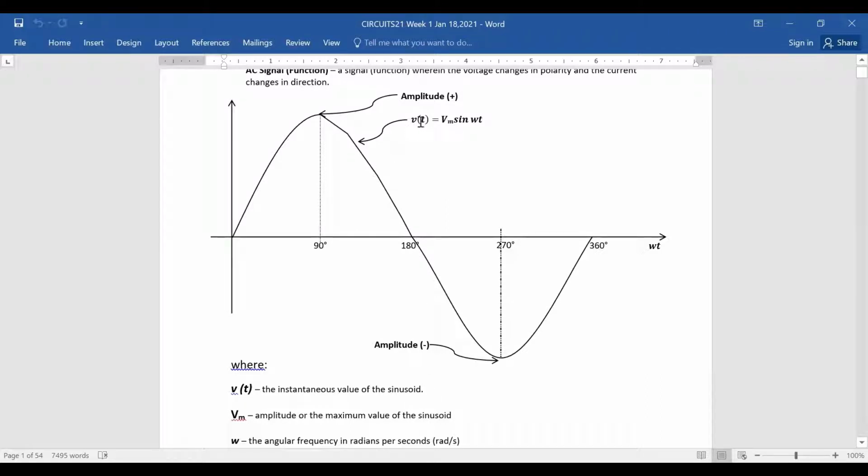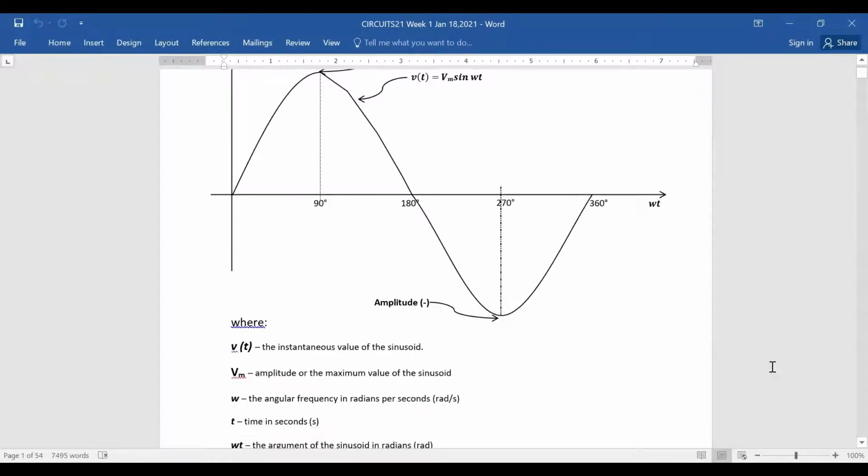But since we are following these expressions, v equal to Vm sin omega t, we can simply say that the instantaneous value of our sinusoidal voltage is v of t. And the amplitude is Vm, or the maximum value of our sinusoidal voltage.